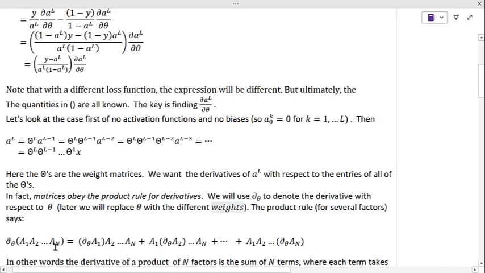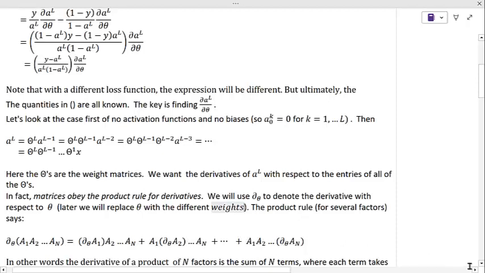One thing you have to be careful about with matrices is that the order matters. You have to keep the matrices in the same order that they are at the beginning. That's why I put the derivative of A2 after A1. It always has to be A1, A2, A3, and so on, but in each term just one of the factors is differentiated.